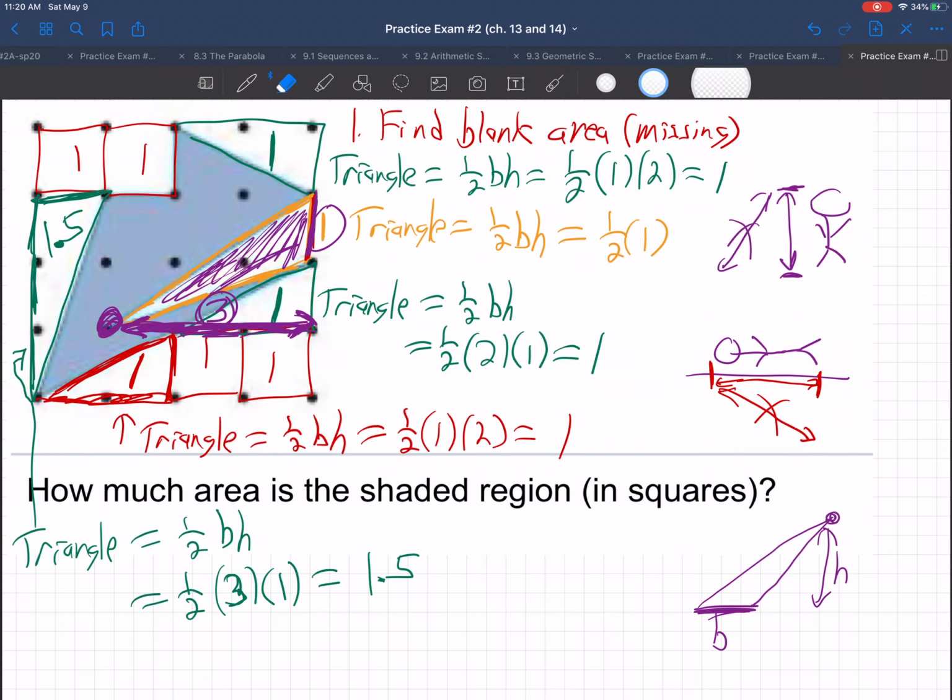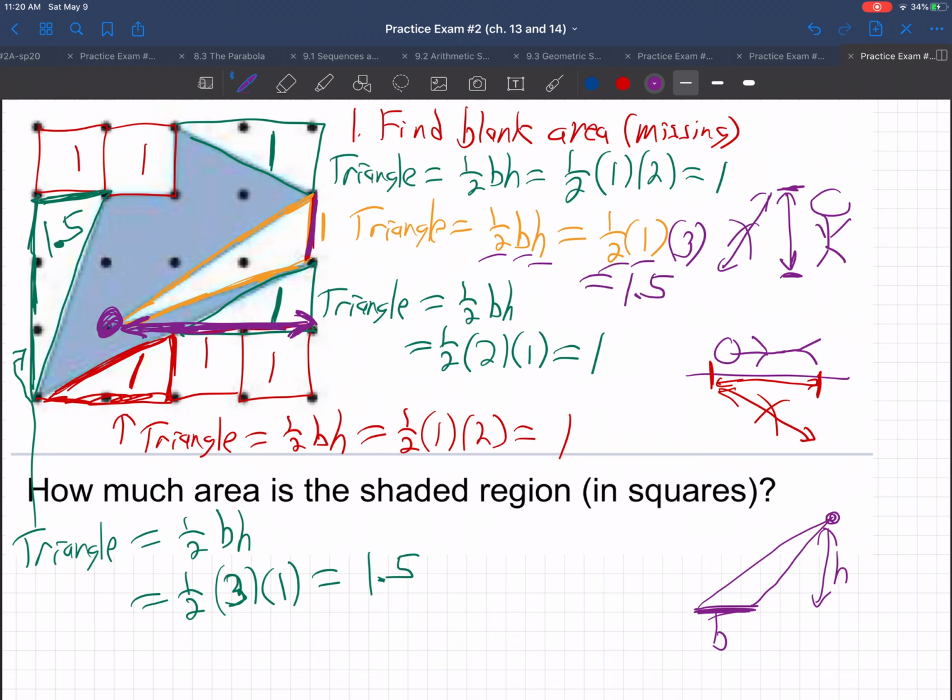So if the height is 3, it's 1/2 of base times height. It's 1/2 times 1 times 3. Half of 3, 1.5. So this must be 1.5. That missing triangle area.